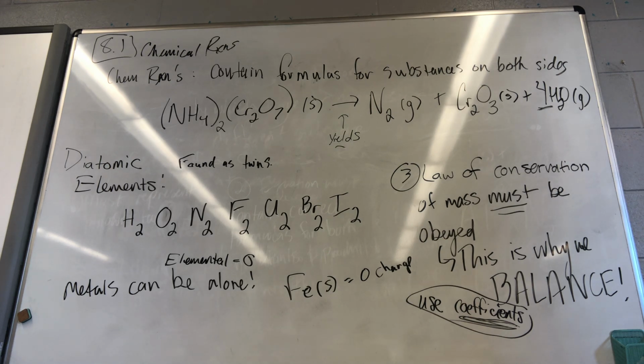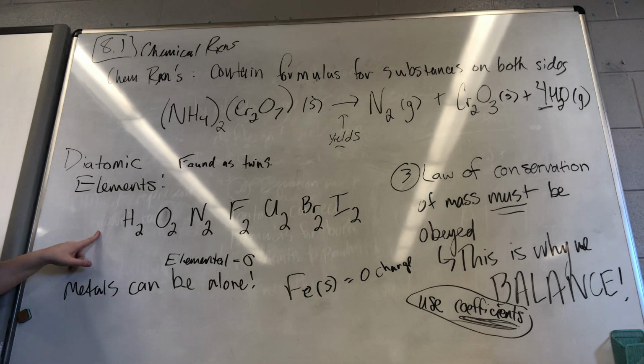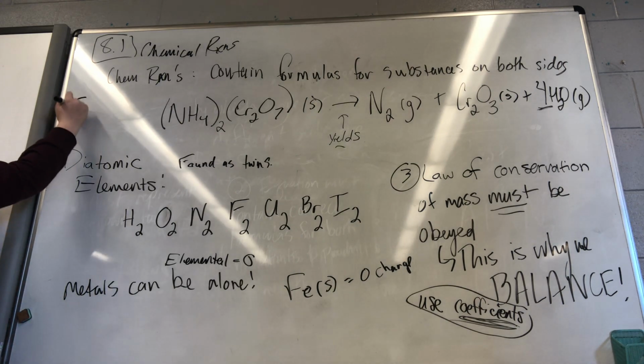Is there going to be like the elemental forms in the products of a reaction? They can be on either side. Elemental forms can be on either side of a reaction. There's no rule about that. So with the 2, is that charge going to be 2? No, there's no charge. These are going to be 0 charge. They're neutral. So if I write Fe on the board, right? Like, let's do this.